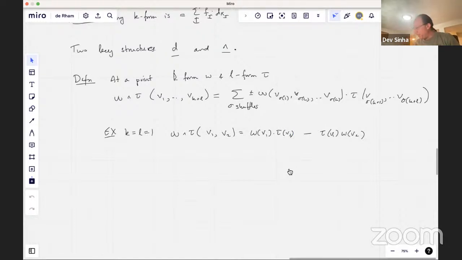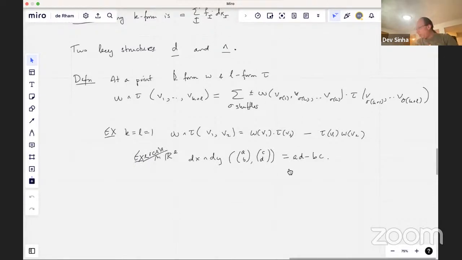And let's do an example of that. In R2, dx wedge dy, so dx is this one-form that projects onto the x-axis, dy projects onto the y-axis, takes the length, evaluated on two vectors, let's call them (A, B) and (C, D), I claim is going to be AD minus BC. So that's an exercise, say.